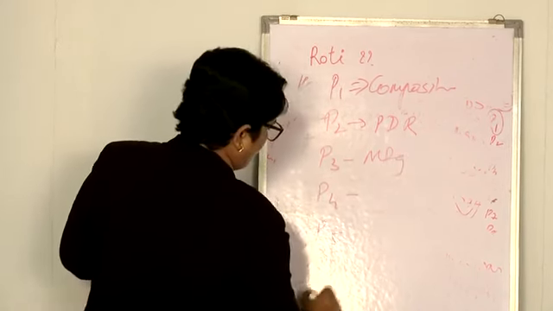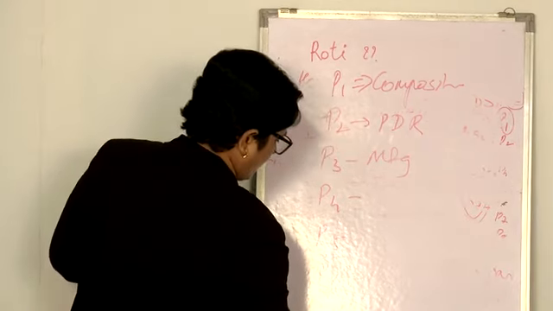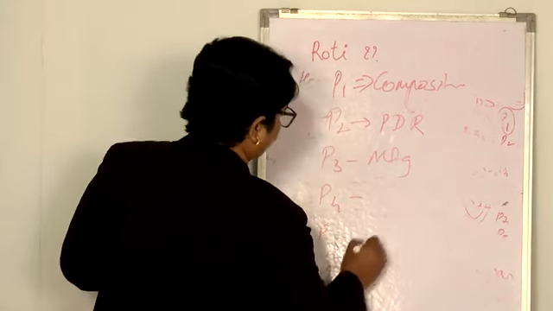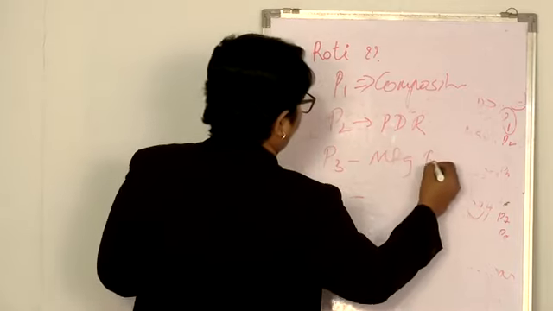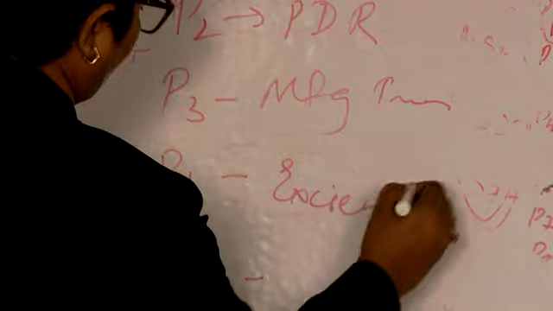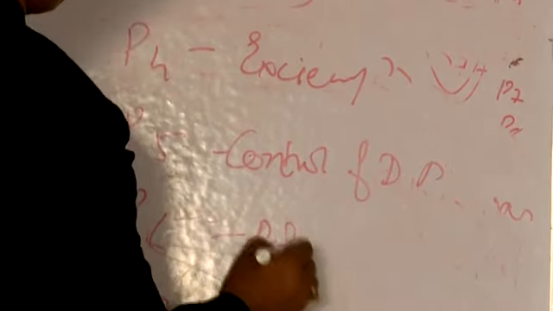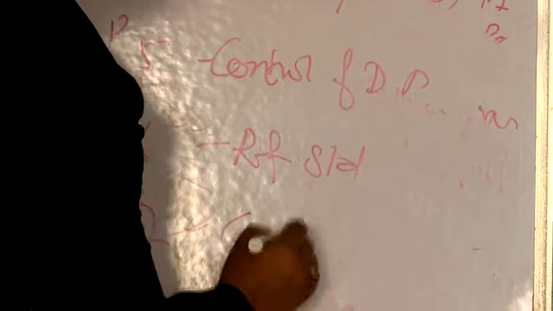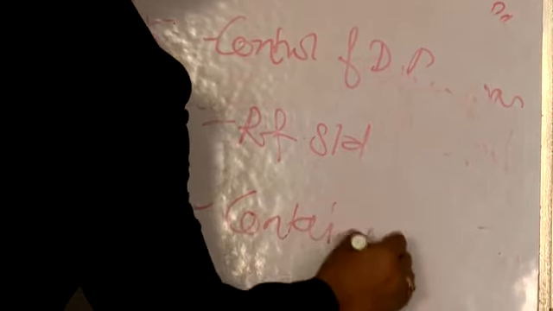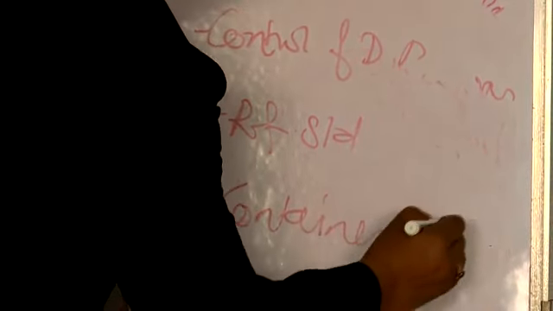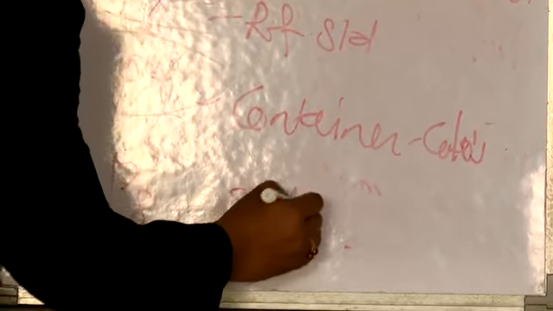P5, P6, P7, P8. Manufacturing process, then excipient, then control of drug product, then reference standard, and then container closure system, that is packaging material, right, container closure system, then the stability.